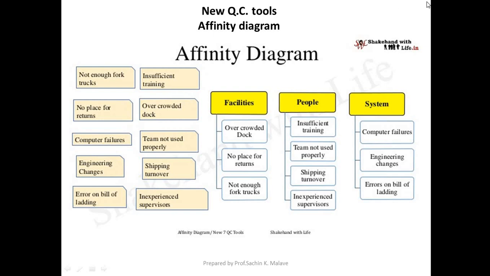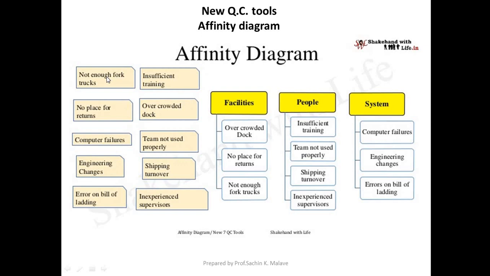Okay, so if a large amount of data is present, like this, you can see here, this is a large amount of data, but this data is in a disorganized manner. It is very difficult to interpret this data. So there is a necessity to group this data under certain heads or groupings.